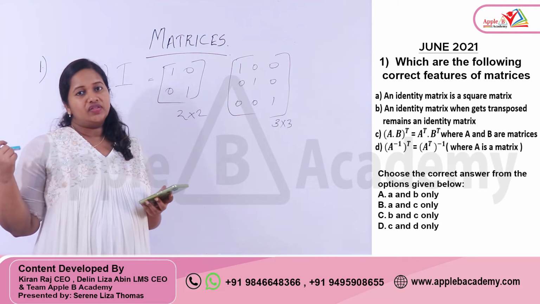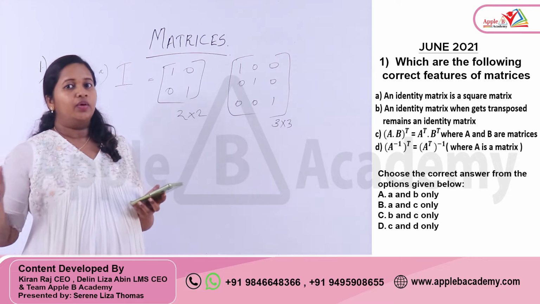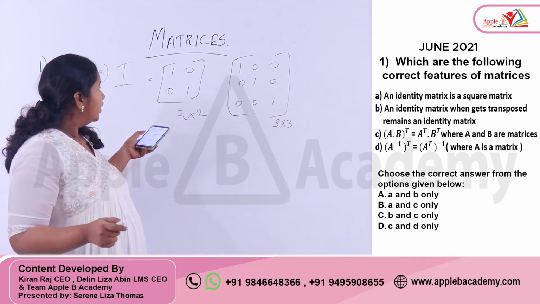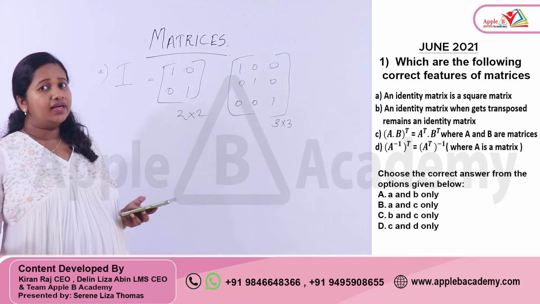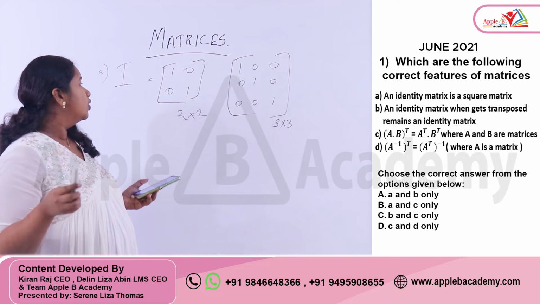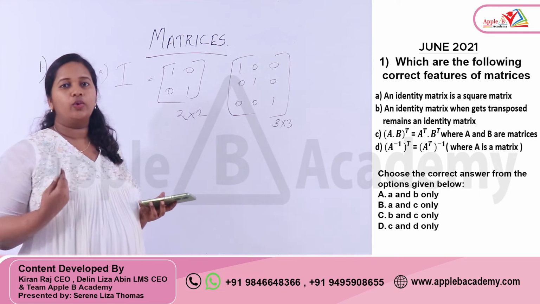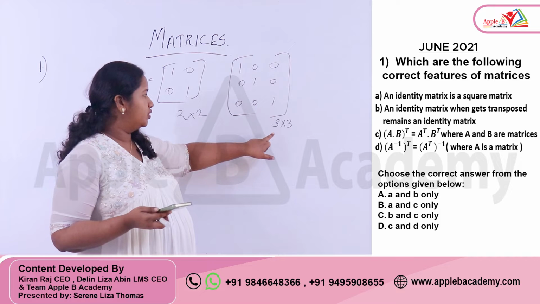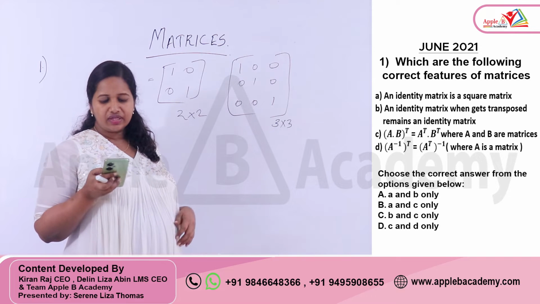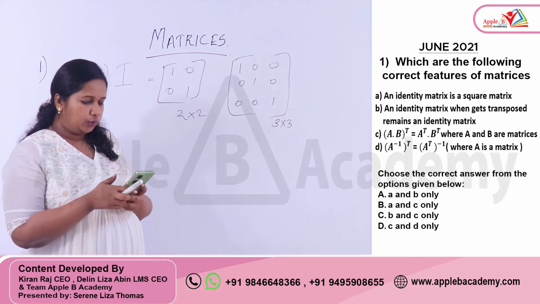An identity matrix is a matrix of the order n into n where the diagonal elements are 1 and the rest of the elements are 0. So obviously an identity matrix is a square matrix. See, this is of order 2 into 2, this is of order 3 into 3. So the first statement, an identity matrix is a square matrix, is true.